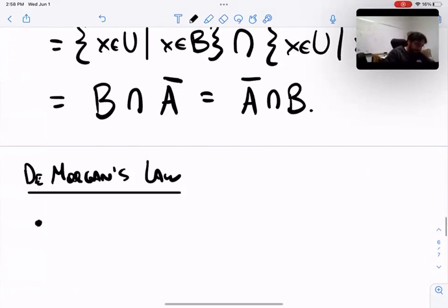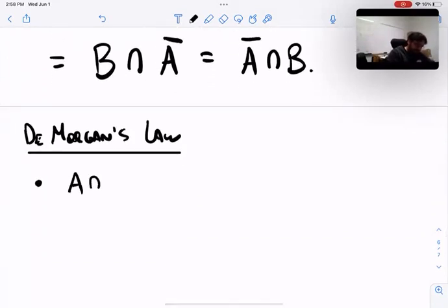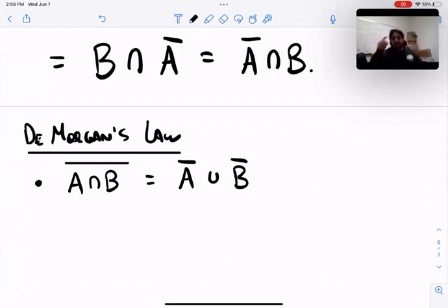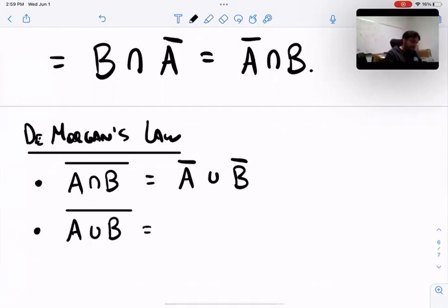De Morgan's law for sets says that if you want to take the complement of an intersection, you distribute the complement onto the sets if you flip the intersection to a union. Also, if you have a union and you want to take the complement, you can flip the union to an intersection and take the complement of each set, right? This is De Morgan's law for sets.